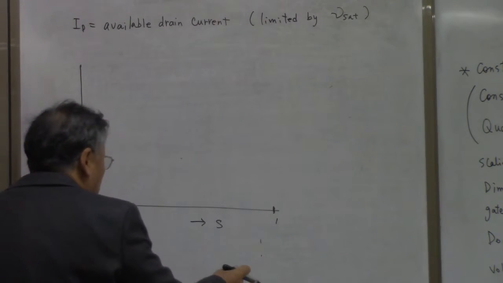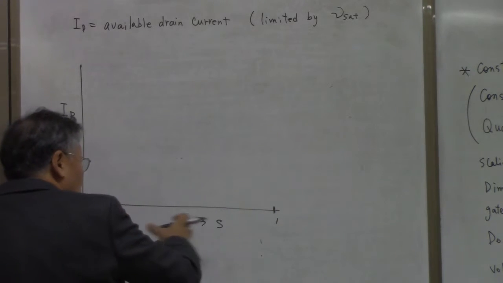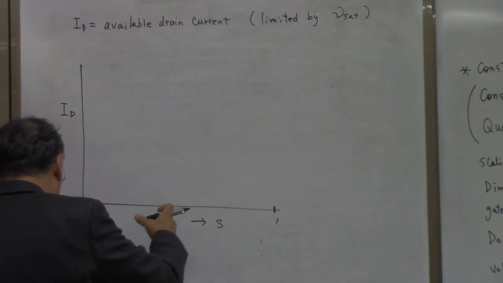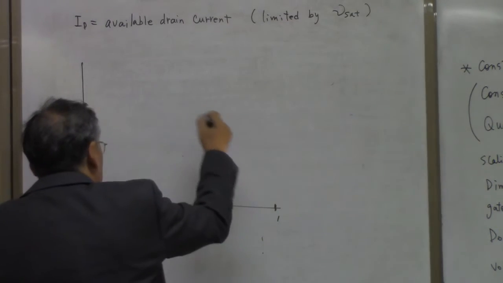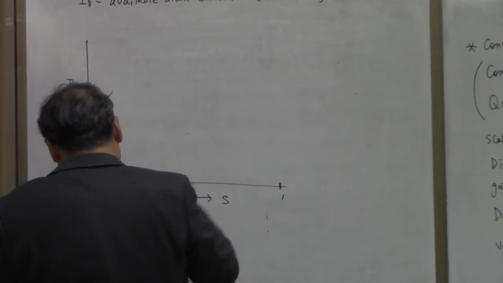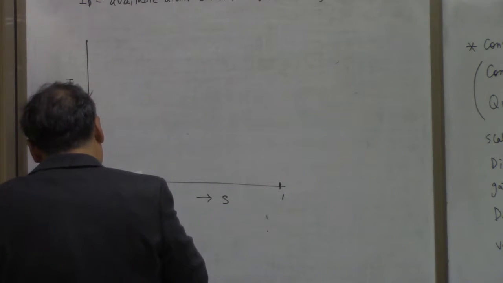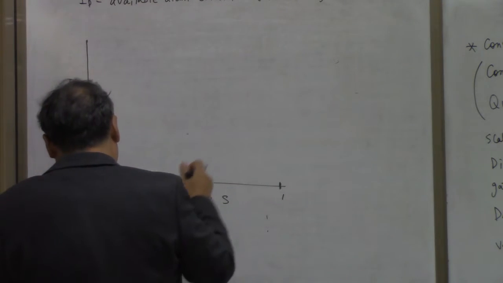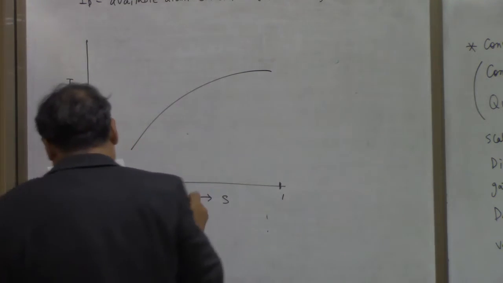Now, by scaling down the device, let me give you the data for the constant electric field case. For example, it goes down like that, okay?